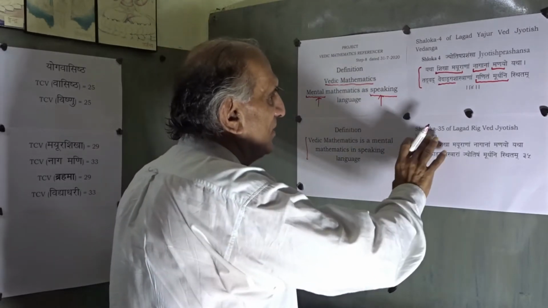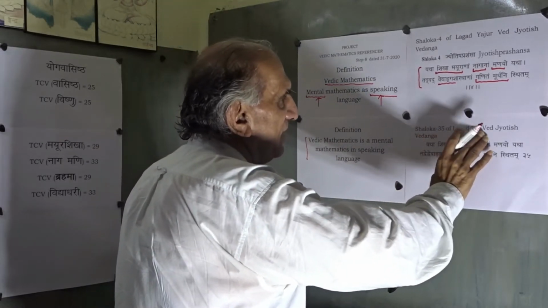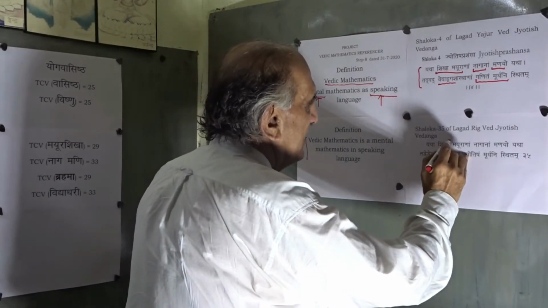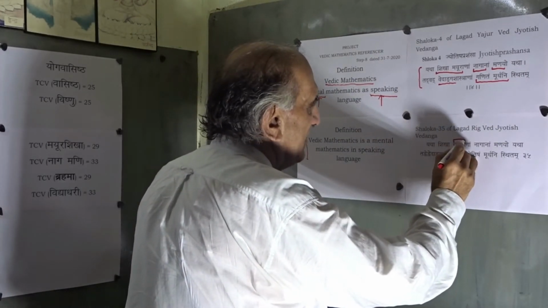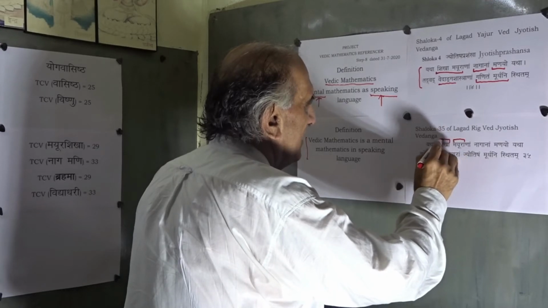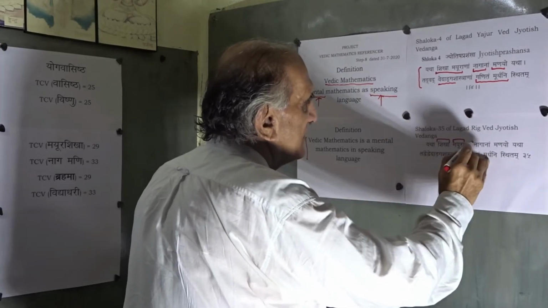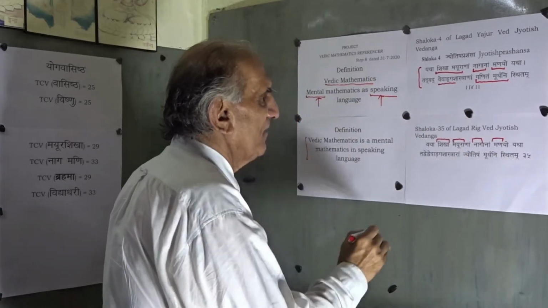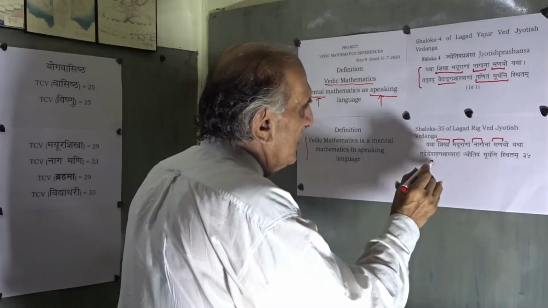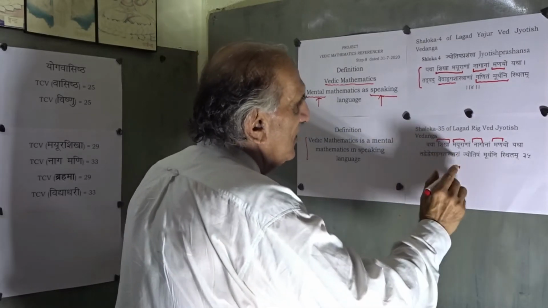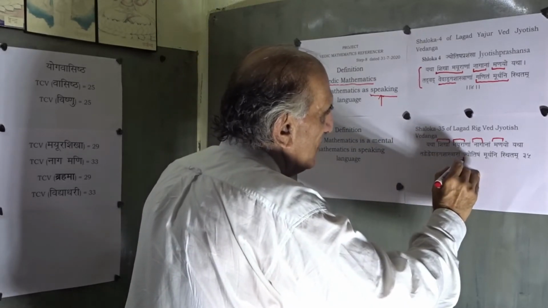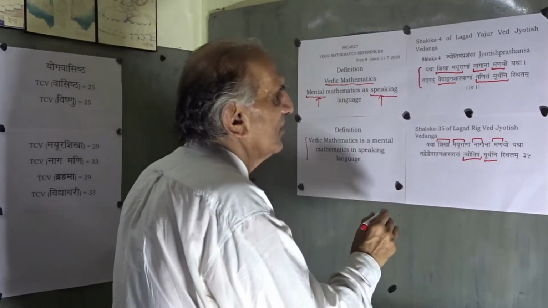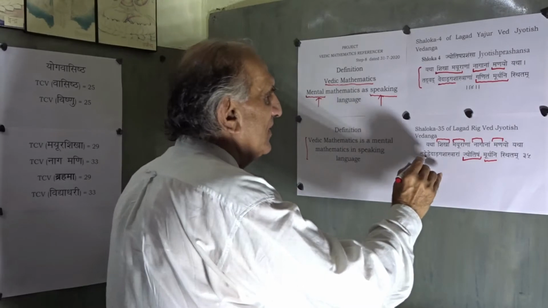Parallel to it, Shloka 35 of Lagad Rigved Jyotish Vedang as well has similar illustrations of Nagmani and Mayur Shikha, but here the appreciation is of Jyotish as Murdhani, the transcendental state amongst Vedangas.